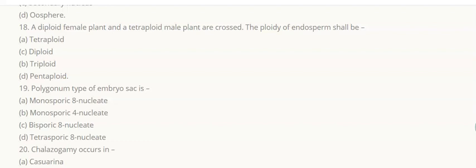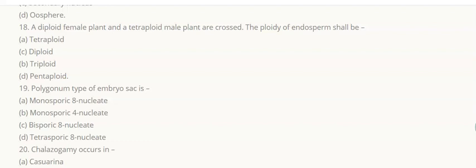A single polar nucleus will give you 2N because the female plant is diploid, and the male plant is tetraploid. Correction: diploid female plant, so there are 2N conditions from the polar nuclei, and the male plant supplies 2N through male gametes because it is tetraploid. Tetraploid will be halved in meiosis, so it is 2n.